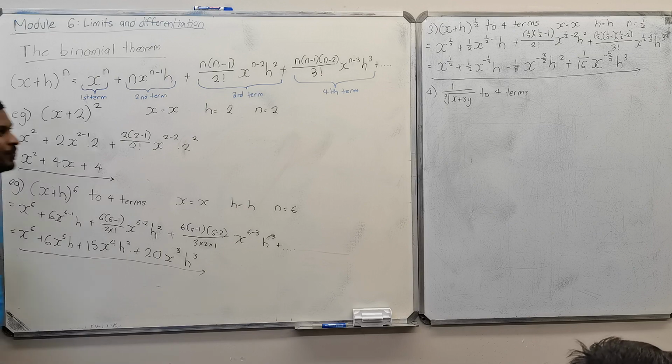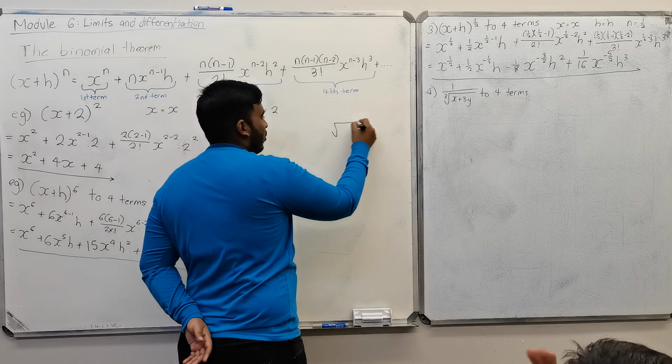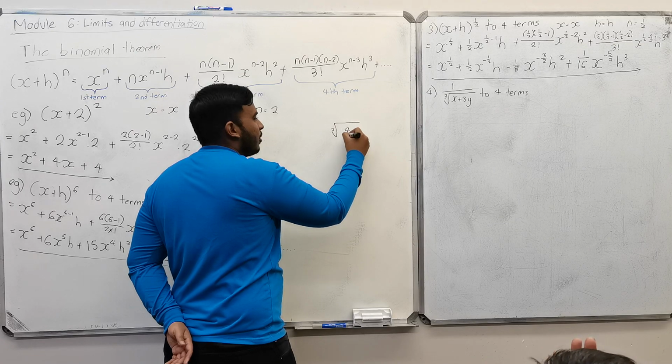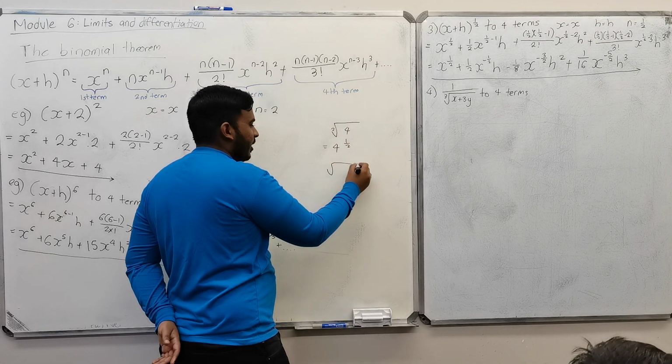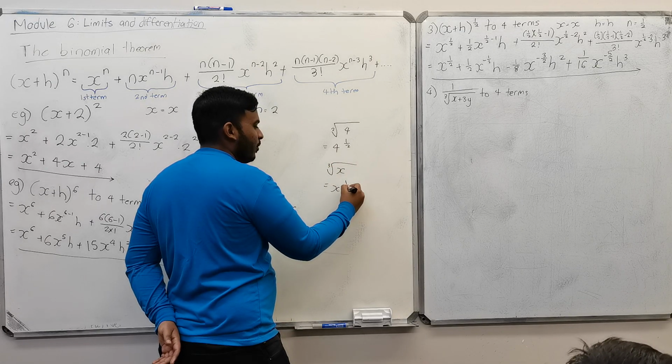So what you do, remember, understand with the roots, right? The square root, this is 2, right? So the square root of 4 is actually 4 to the power half. So if I say cube root of x, it will be x to the power 1 over 3.